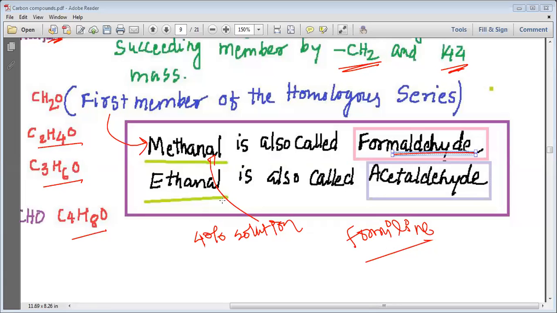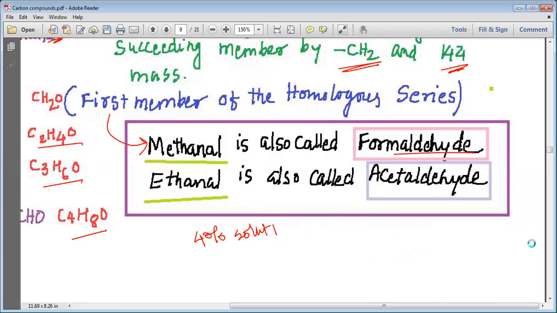So this is how, my dear students, you can easily understand this. Then we have ethanal. This ethanal is also known as acetaldehyde. Remember that methanal is known as formaldehyde, whereas ethanal is known as acetaldehyde.